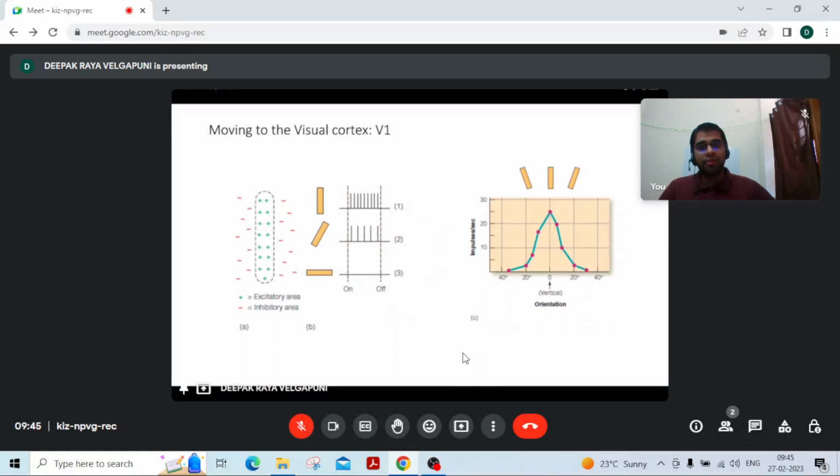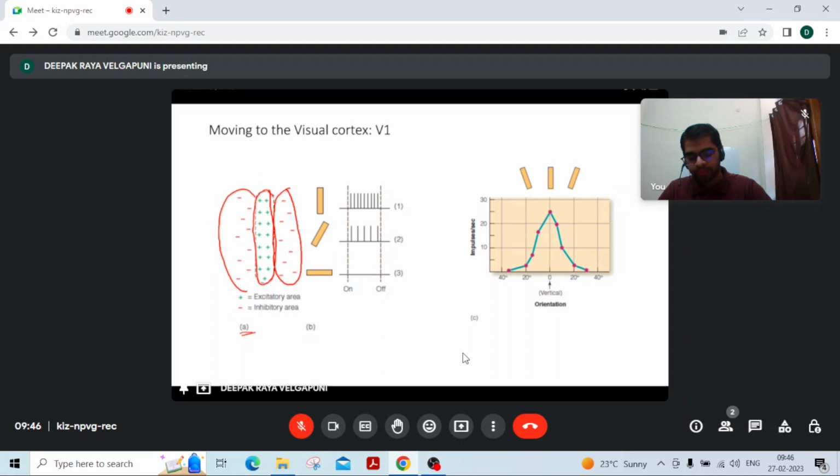How are the receptive fields of V1 structured? V1 has receptive fields like this, as you see in figure A here. You have an excitatory elliptical field, followed by an inhibitory elliptical field.